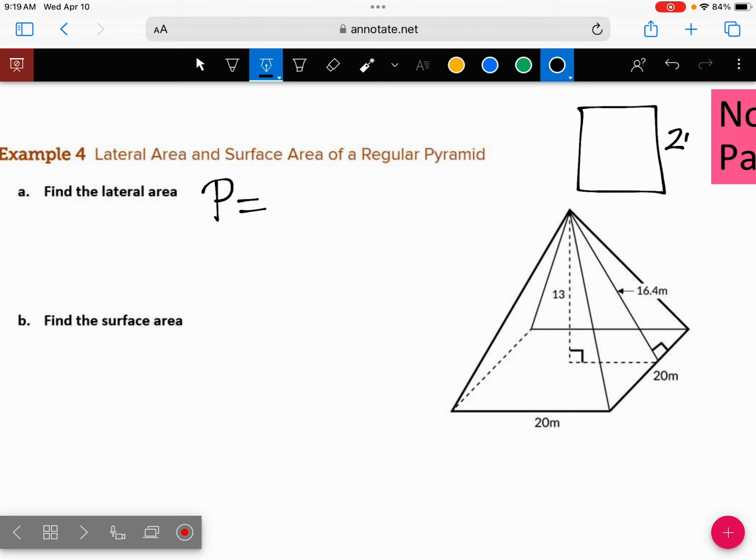So this is the base. If this side is 20 and this side is 20, that means this side is 20 and so is this side. Opposite sides are the same. So the perimeter of the base will be 20 plus 20 plus 20 plus 20. Go ahead and figure out the perimeter of your base.